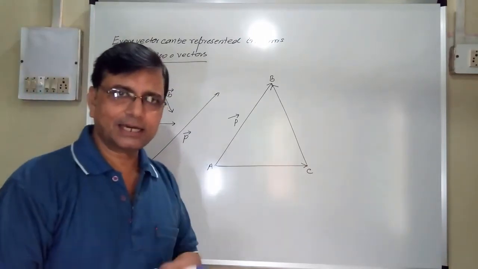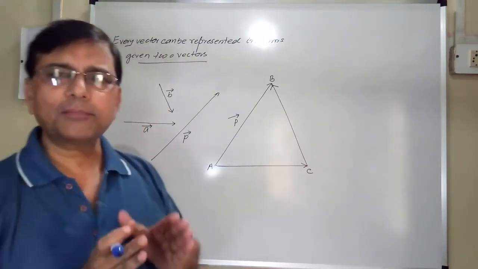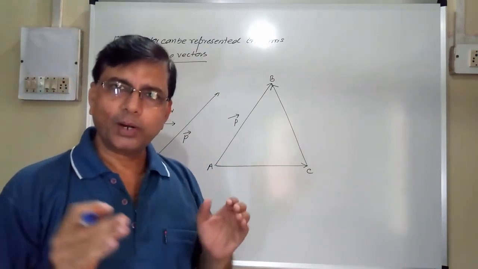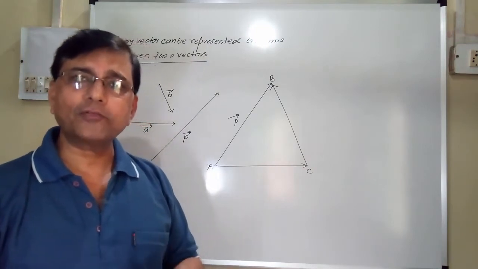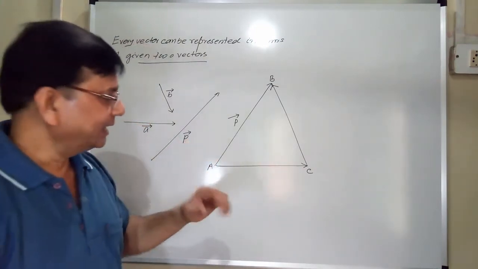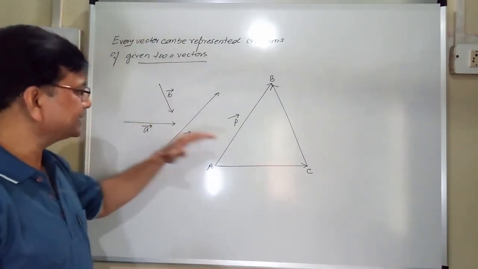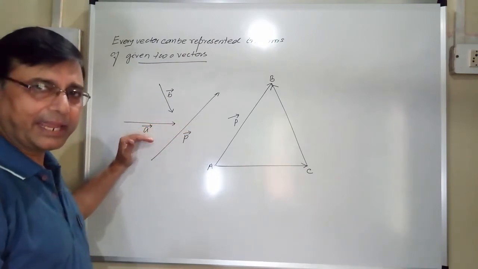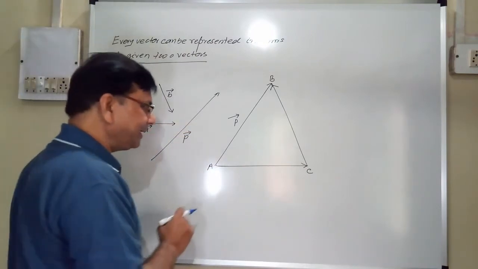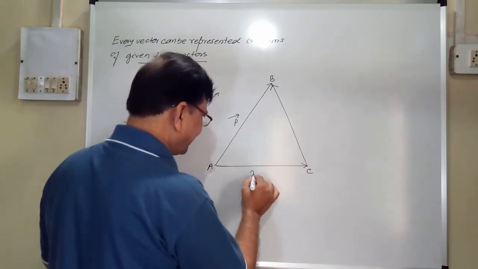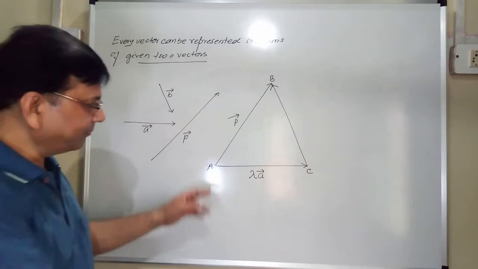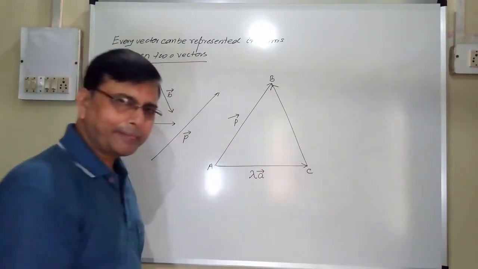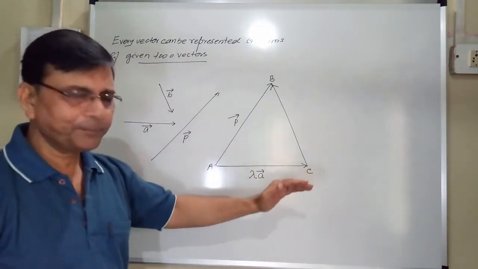When two vectors are there and both are parallel, the direction is the same, only the magnitude is varying, then we say it is a scalar multiple of the given vector. So this AC is the scalar multiple of A, which means it can be written as lambda vector A, because only the magnitude is varying, the direction is the same.